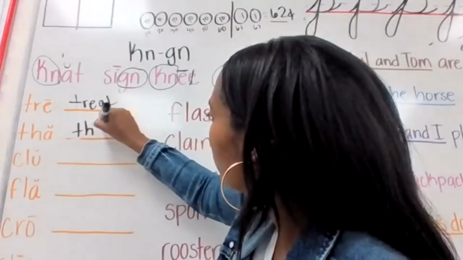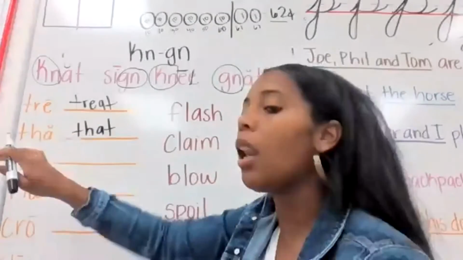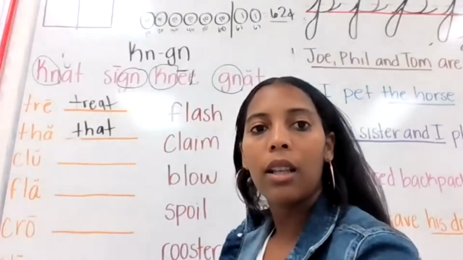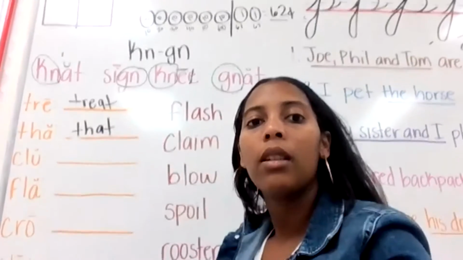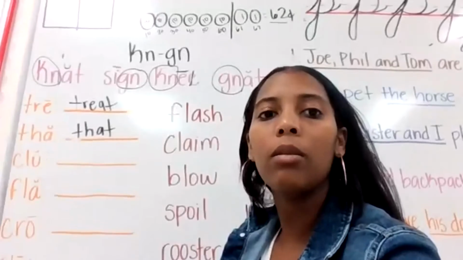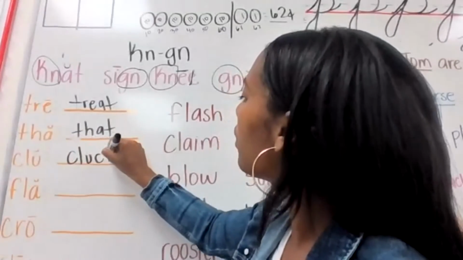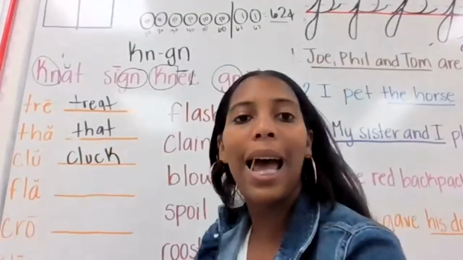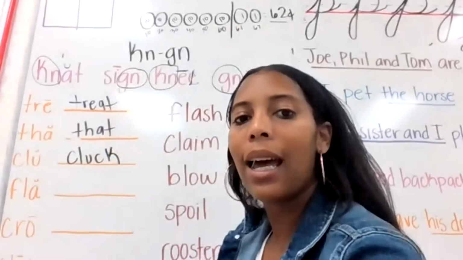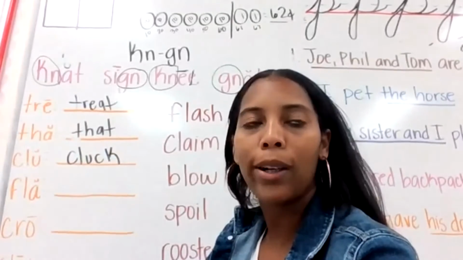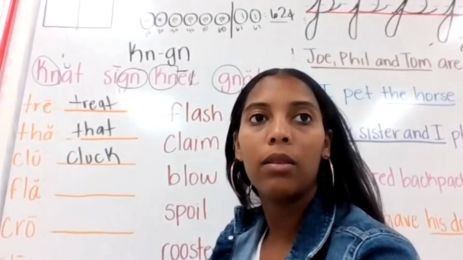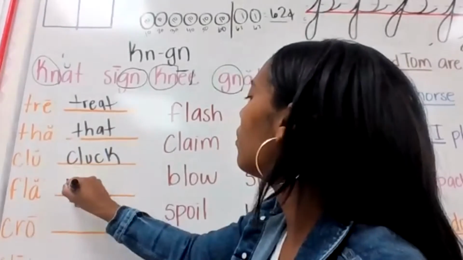Next, Caitlin? Cluck. Next, flap. A word I can create from flap, Kinley? Flap.